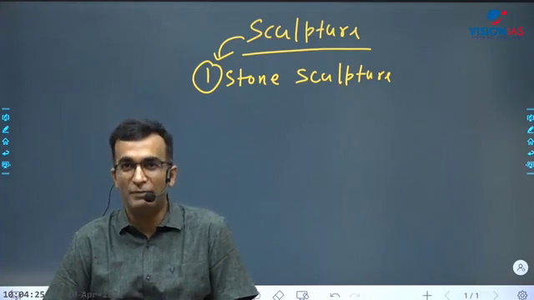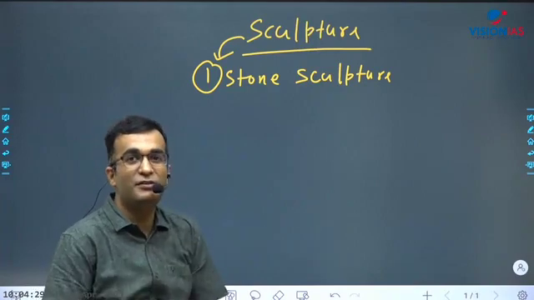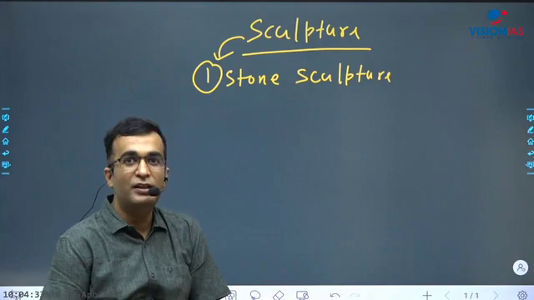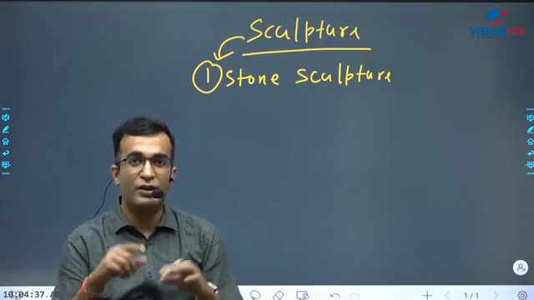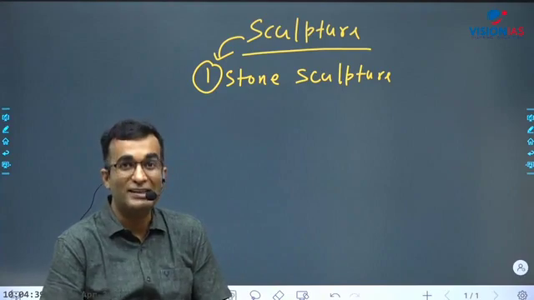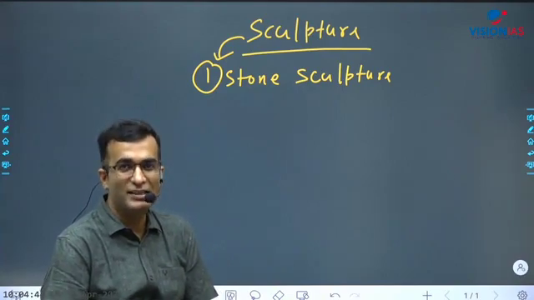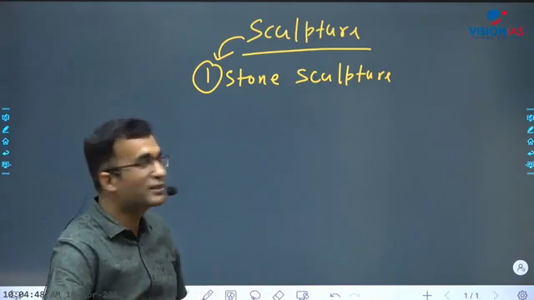Both are 3D pieces of art. But sculpture is a 3D piece of art which is based on imagination, and it doesn't stick to the perfect measurement technique, but it's only the imagination according to which a particular figurine is created. That figurine you often call idols, and a better word for that is sculpture.